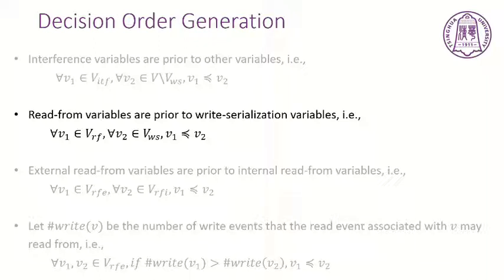The WS variable cannot do this. Secondly, many WS variables imply the WS order, and the WS order is implied by program order. Boolean variables representing those WS orders can thus be directly propagated during SMT solving. Therefore, we suggest giving the read-from variables higher priority than the write serialization variables.